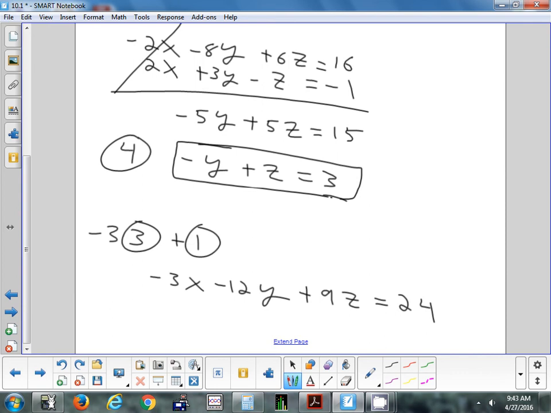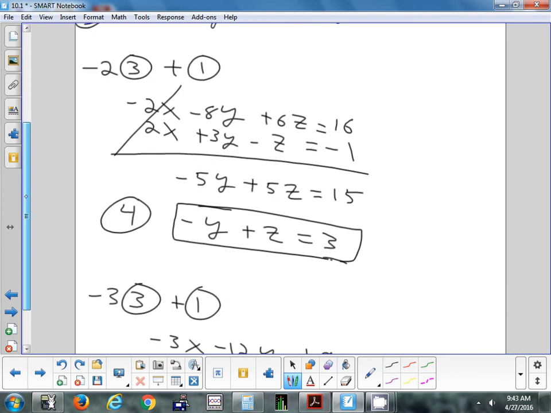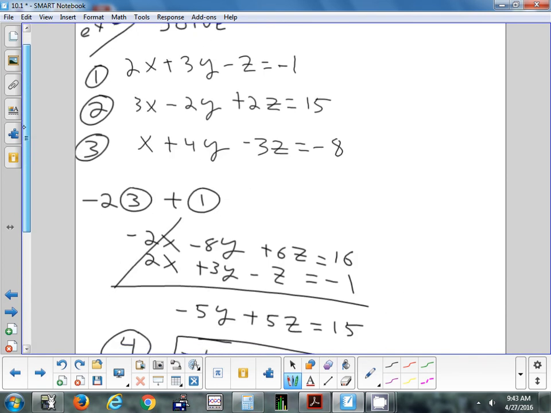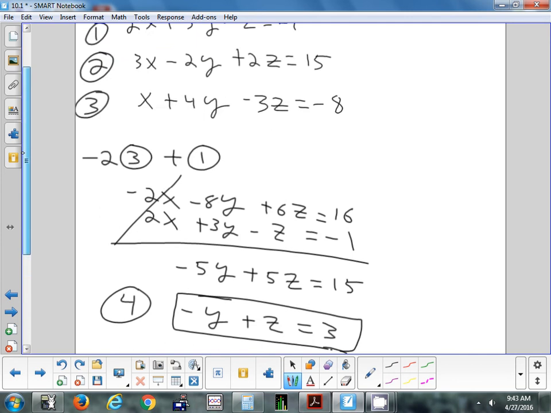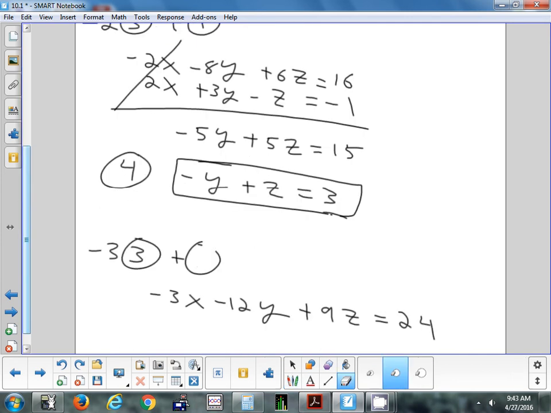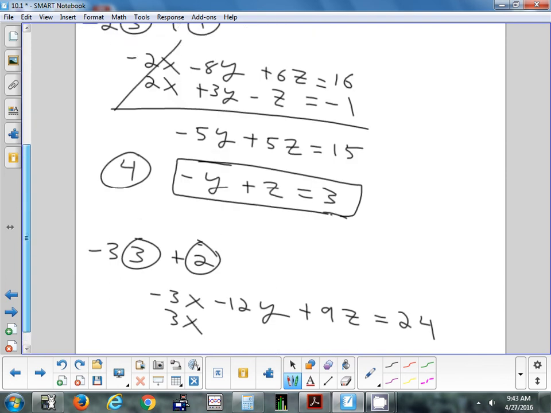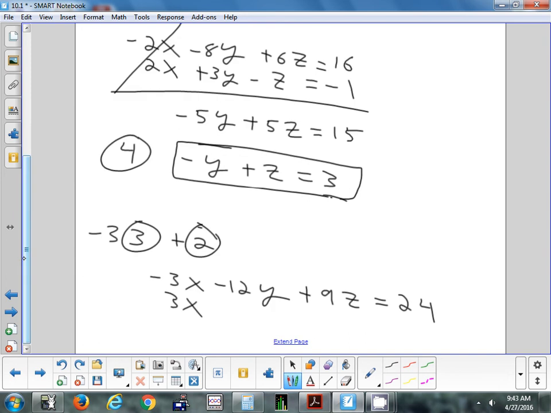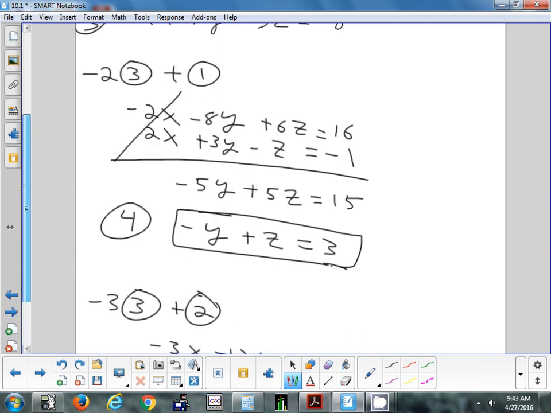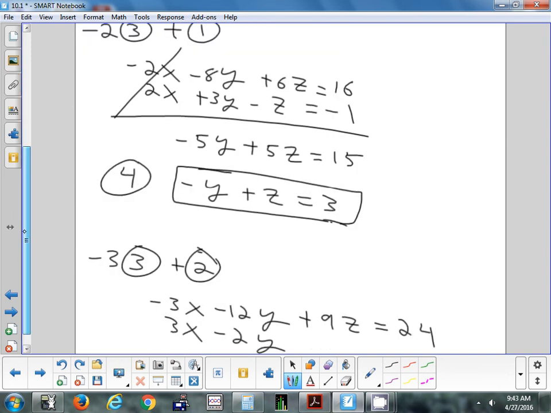All right, so negative 3 times the third equation, and now add that to the second. Sorry. Okay, 3x minus 2y plus 2z equals 15.